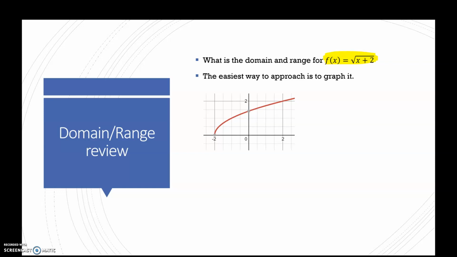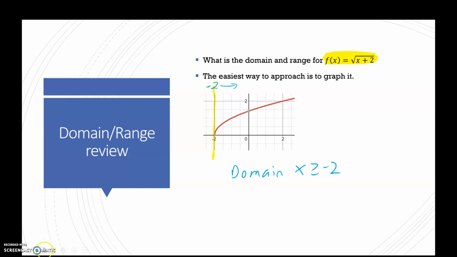So if you graph this one, we can see that the furthest left this goes is negative 2, and it goes to the right forever. Now, why is it giving me yellow? Quit doing that. Negative 2, and it goes to the right forever. So there's my domain. It's greater than or equal to negative 2.